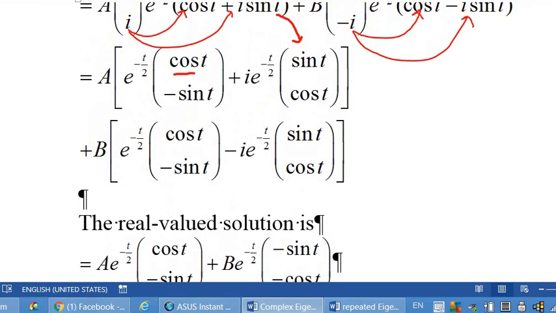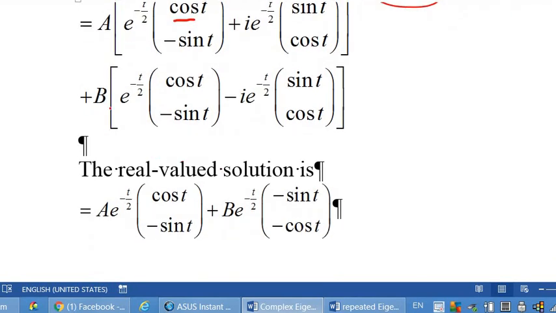And then if you want the real value solution, it is the solution without the imaginary number. Hence it will be A exponent negative t over 2 cos t, and then the second row of the vector is negative sin t. For the B term, it is B exponent negative t over 2 cos t. I think we got a typo.